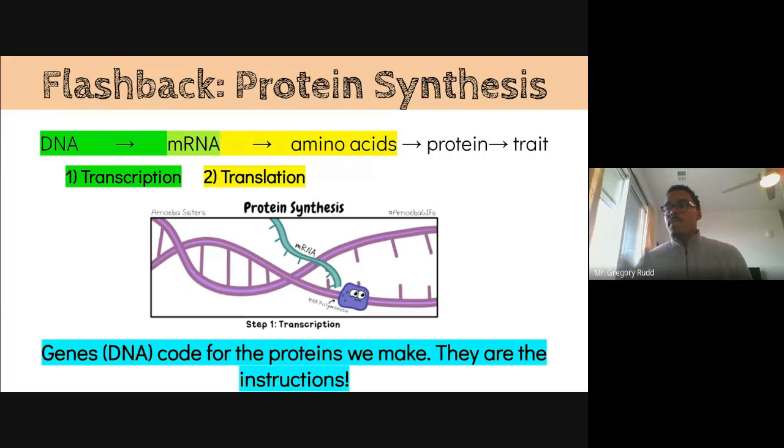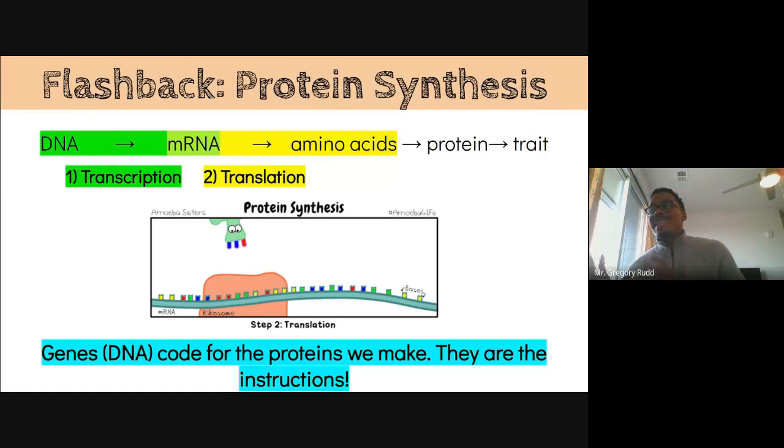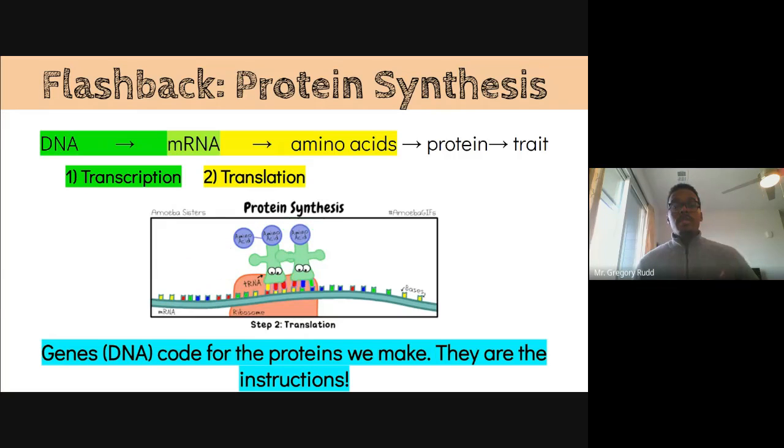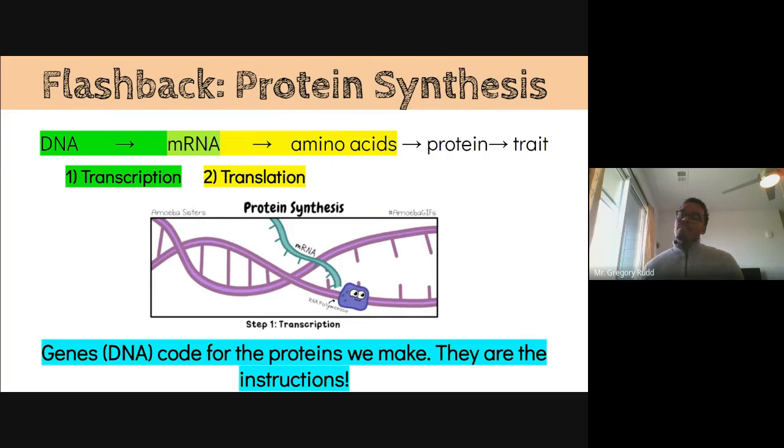The second step is to go from mRNA to amino acids, and that's called translation, okay? It's important to separate the two. They are 2 different processes. Transcription comes before translation. It's easier to remember because transcription is alphabetically earlier than translation, right? Transcription is earlier in the alphabet than translation would be, or earlier in the dictionary.